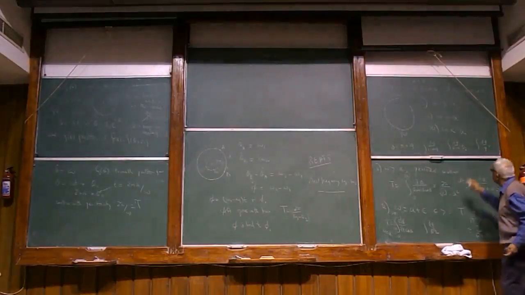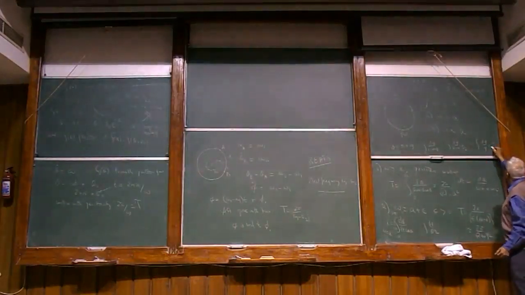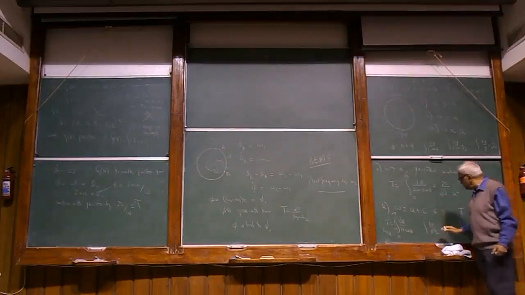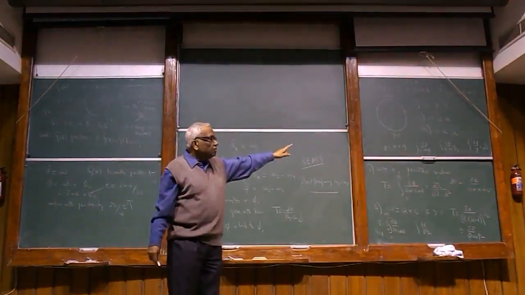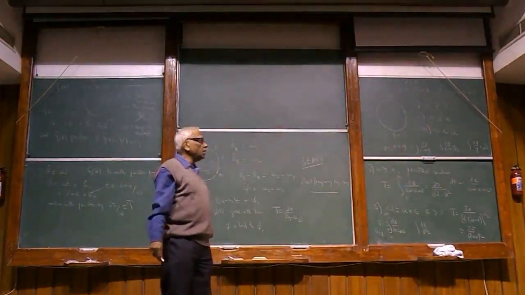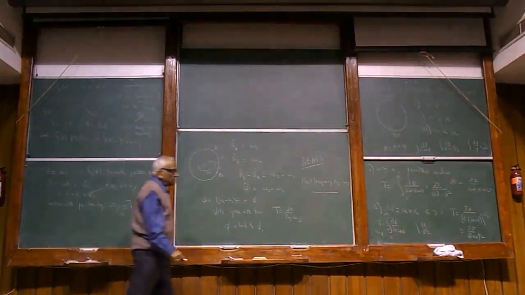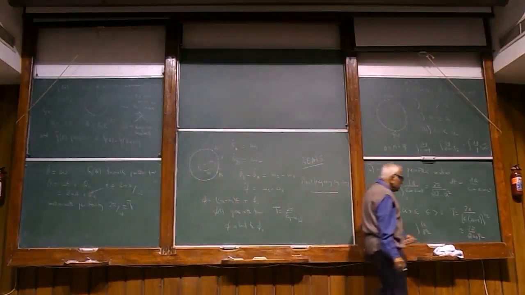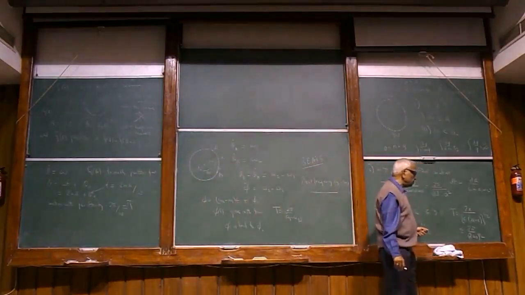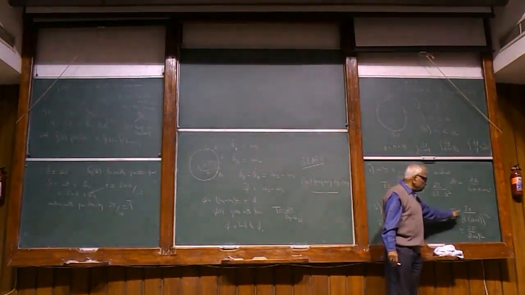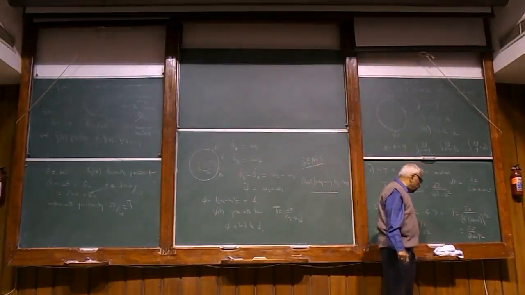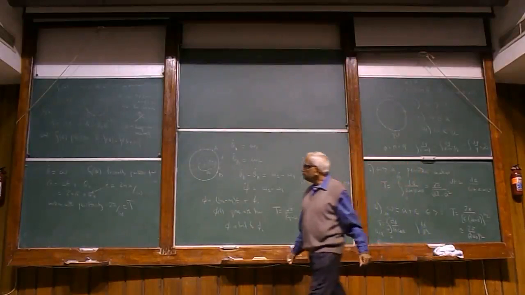So d phi over phi square, and that blows up, and therefore has a problem. So this is what you are looking at, that as epsilon goes to 0, your time period blows up. It blows up as 1 over epsilon to the power half.